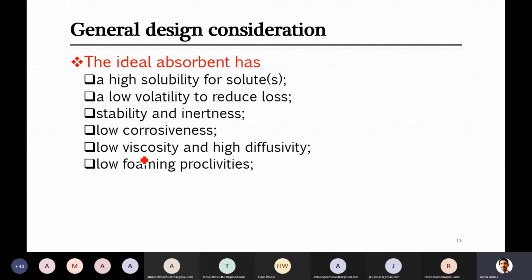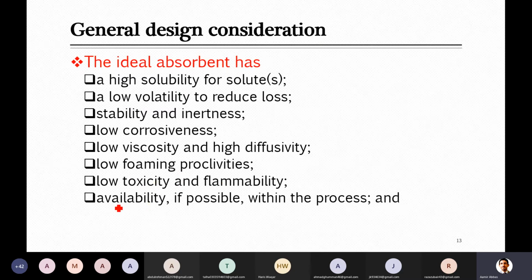So low foaming proclivity, it should not make foam, because although we have seen that if there is huge foaming you should go for a packed tower, still foaming is not good because that reduces the separation between liquid and vapors, and the overall mass transfer capacity. So low toxicity and flammability, so that the people who are working don't get harmed by this.